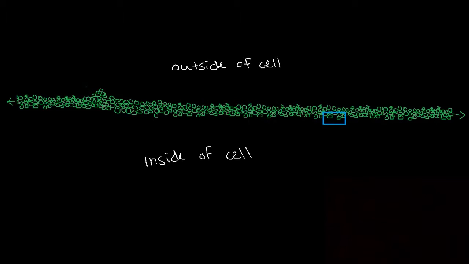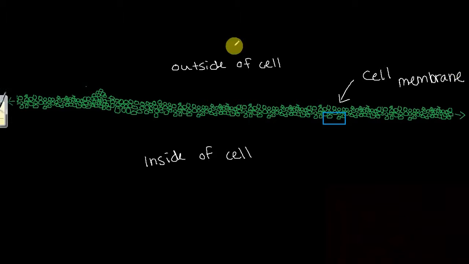So as you know, my artistic abilities are quite poor, but this green thing here is supposed to be a cell membrane. So I'm going to go ahead and label it as such. So this thing, cell membrane, and it will do its job as far as illustration abilities are concerned.